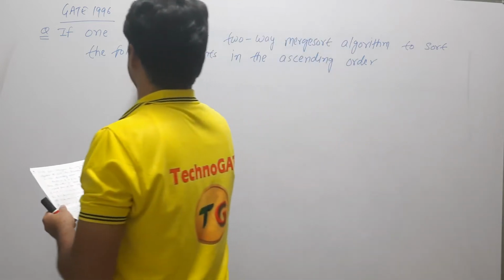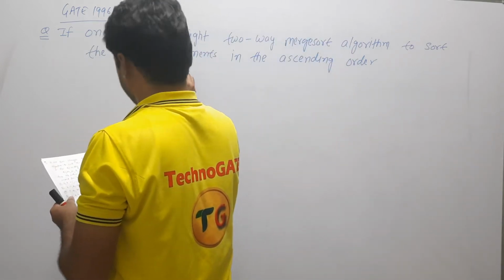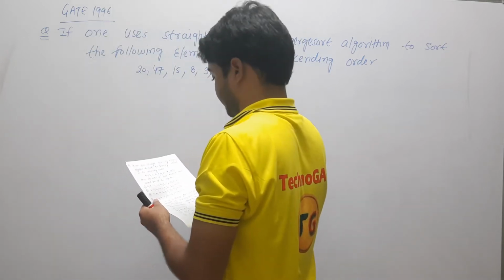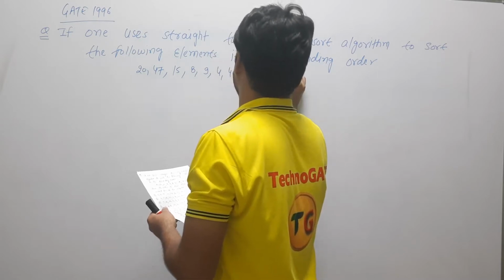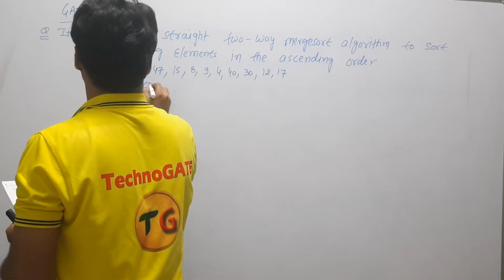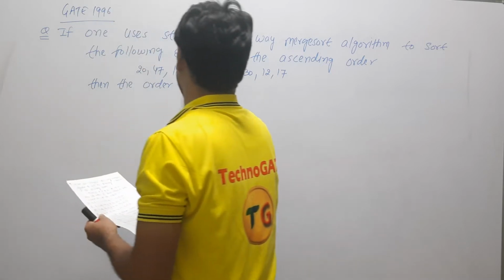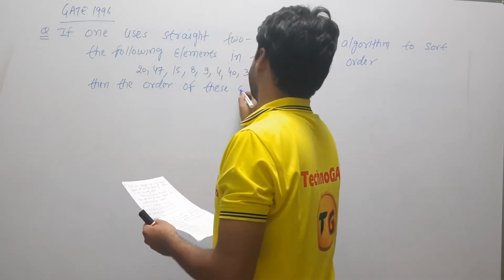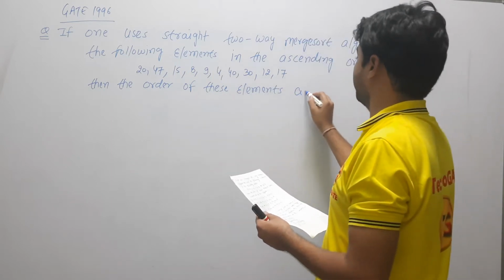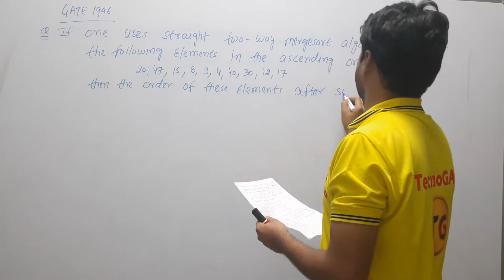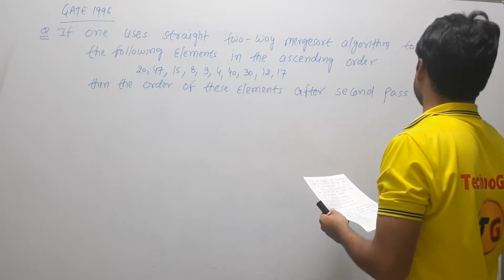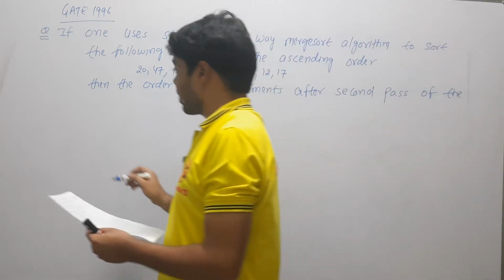Okay, so what are the elements here? They are 20, 47, 15, 8, 9, 4, 40, 30, 12, 17. Okay, then the order of these elements after second pass of the algorithm is.